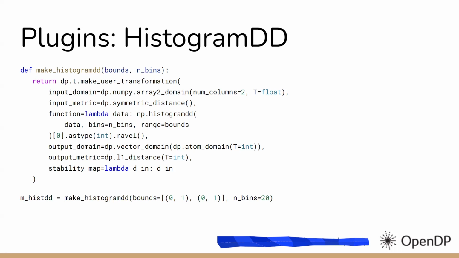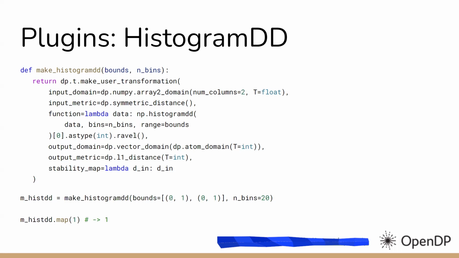And the way you might call it is pass in bounds for each dimension of your data. You specify the number of bins that you want. You get a transformation for a d-dimensional histogram.